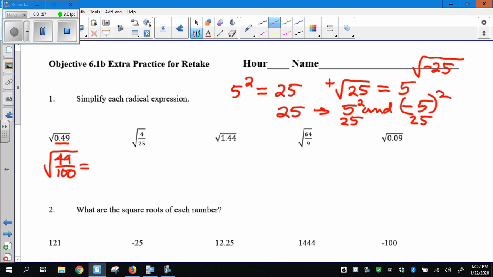So I can just take the square root of 49, which is 7, and the square root of 100, which is 10. And so the answer is 7/10, or 0.7. And you just saw how I did the fraction there. So on the second problem, you can do that problem just by doing the square root of both the numerator and the denominator.